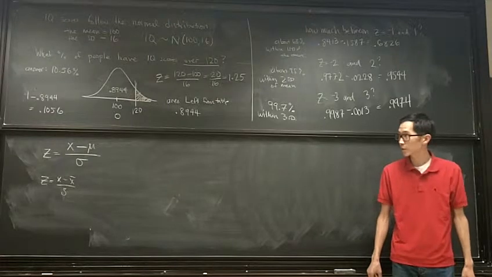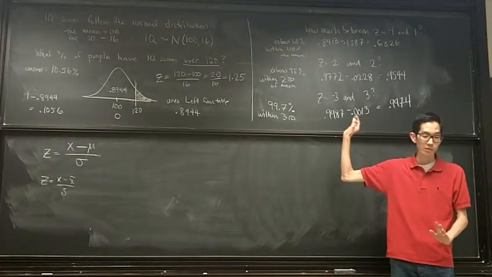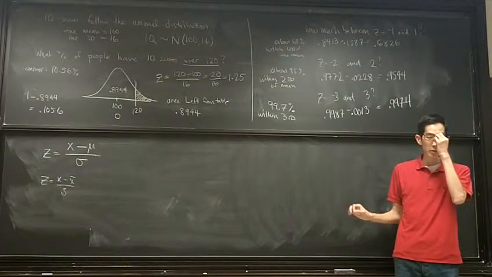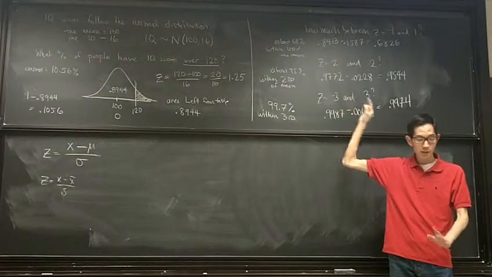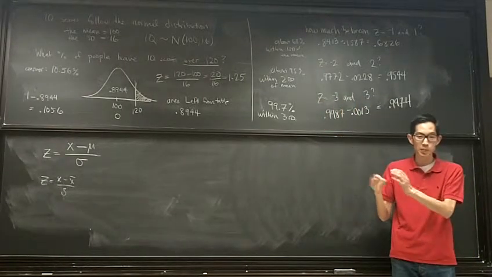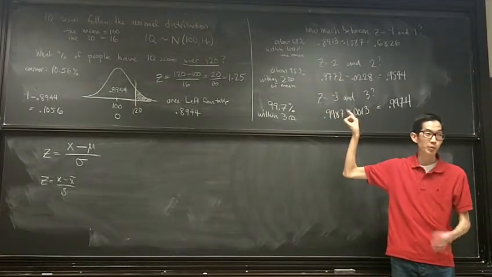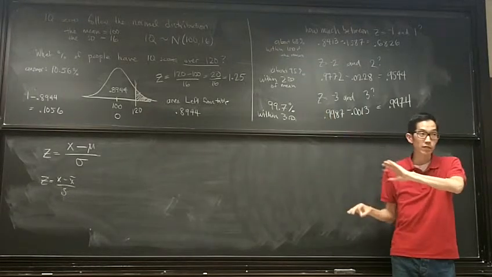Why not? That only worked by coincidence, well, not a coincidence, but it only works because I'm asking for the area to the right. What you can do is always ask, how far am I from the mean? You're always going to subtract the mean, and you're going to get a positive number. If at that moment you want to change it from positive to negative, you can.